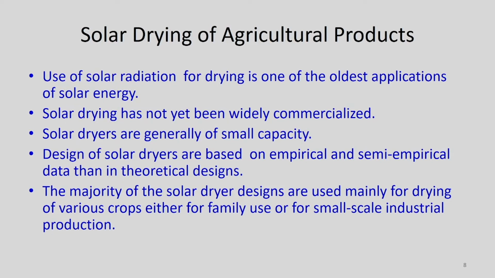The design of solar dryers is based primarily on empirical and semi-empirical data rather than theoretical design, as you can see in many of the cases. The majority of the solar dryer designs are used mainly for drying of various crops, either for family use or for small scale industrial production.